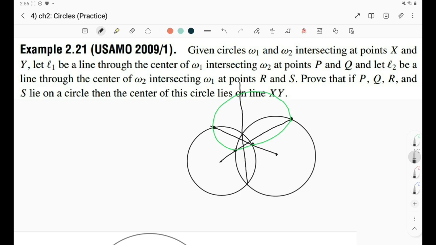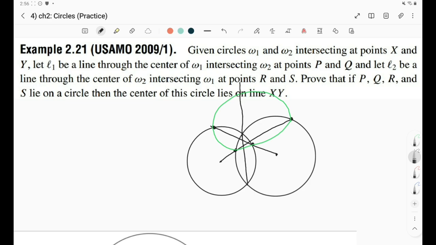How exactly can we enforce this on our diagram? Because otherwise we will not have a good diagram. As you can see here, it seems that the center of this circle, if we even have a circle, doesn't lie on XY, that is the radical axis. So we need to try to find a way to enforce this condition. Usually this is a challenge in these questions in which they suddenly assume something.